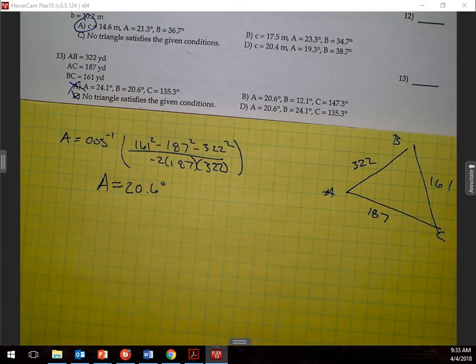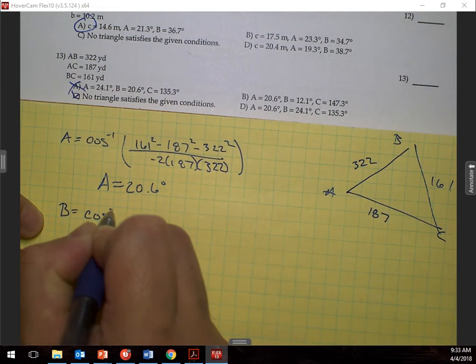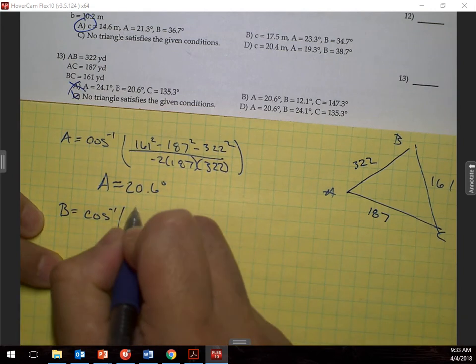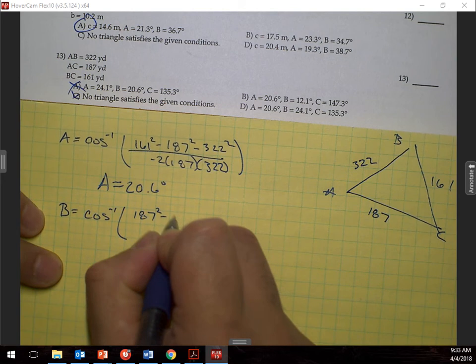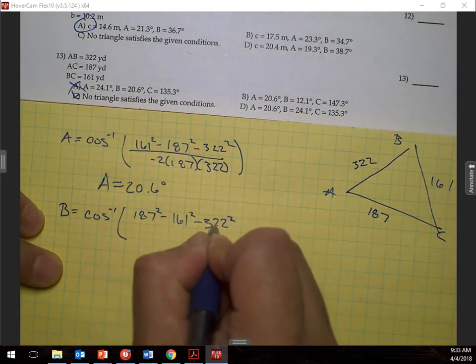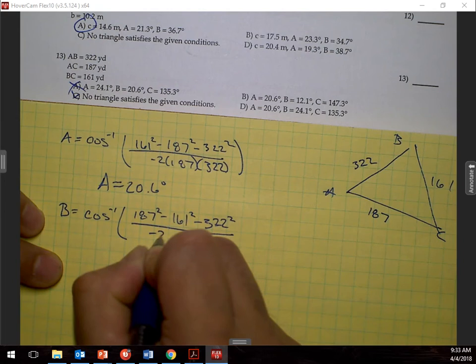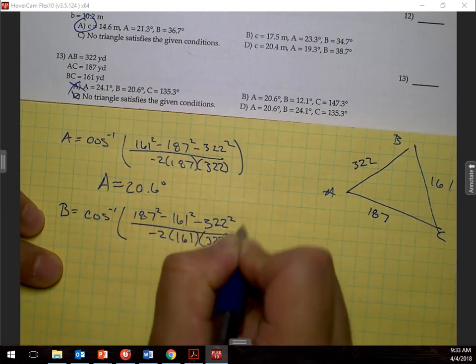All right, so let's solve for B. Same thing. Inverse cosine: B is going to be 187 squared minus 161 squared minus 322 squared, over negative 2 times 161 times 322.